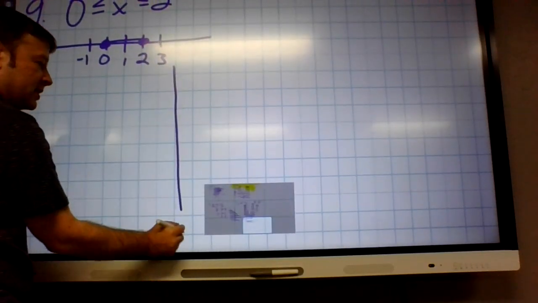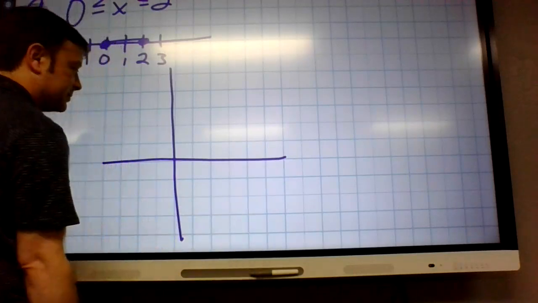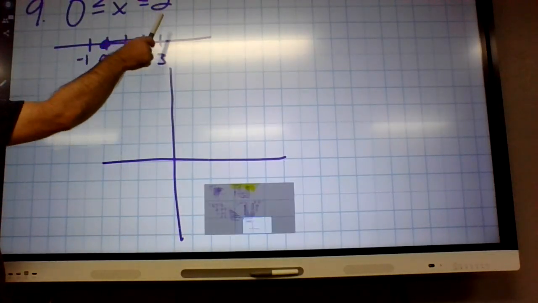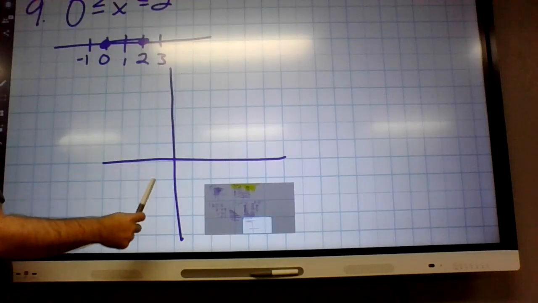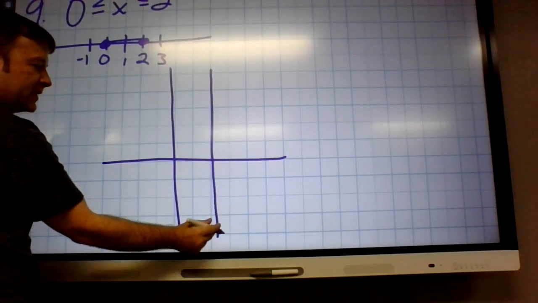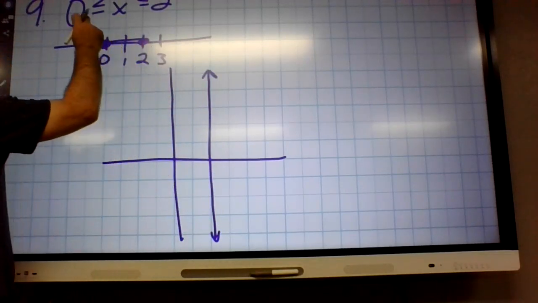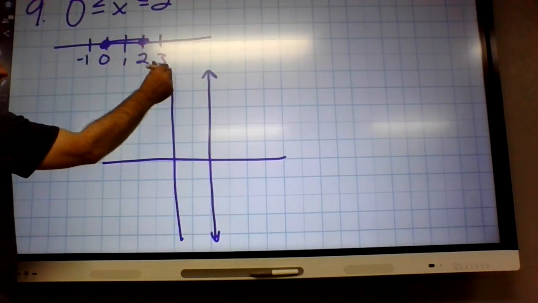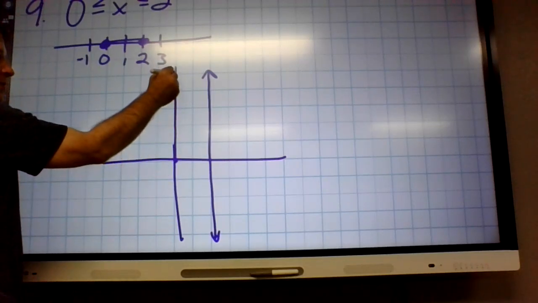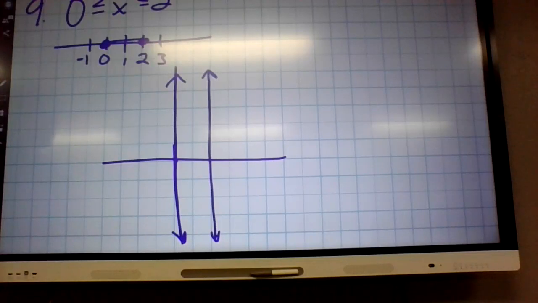What does it look like on an XY graph? Maybe the same thing. What does x equal 2 look like on this graph? Vertical line. This vertical line has all the x values of 2, so it's like a column. And x equals 0 is the y-axis, basically. It's a vertical line on the y-axis.